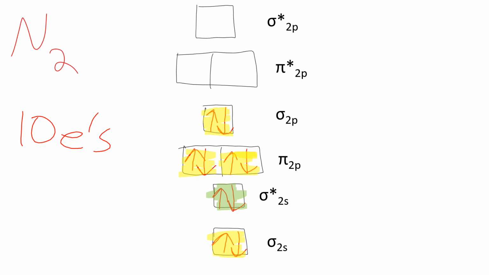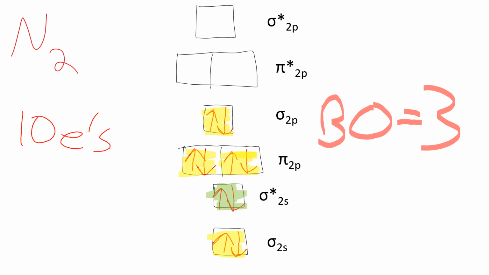So we count up our bonding electrons. There are 8 bonding electrons, 2 anti-bonding electrons. 8 minus 2 is 6. 6 divided by 2 is 3. That would make our bond order for this N2 molecule 3.